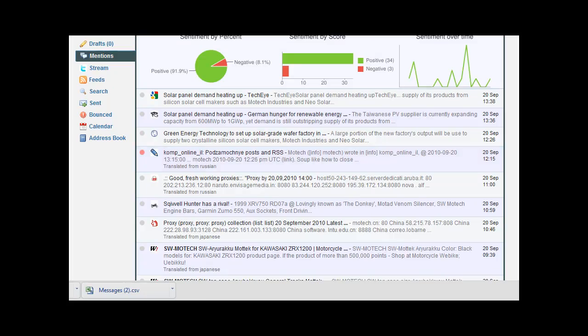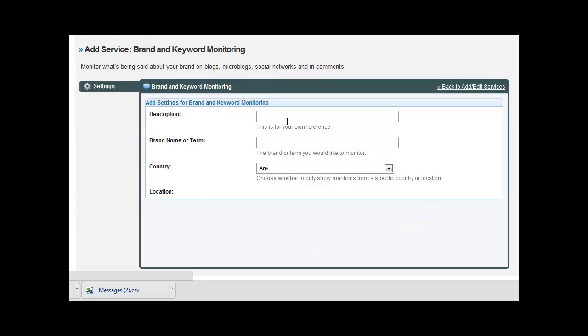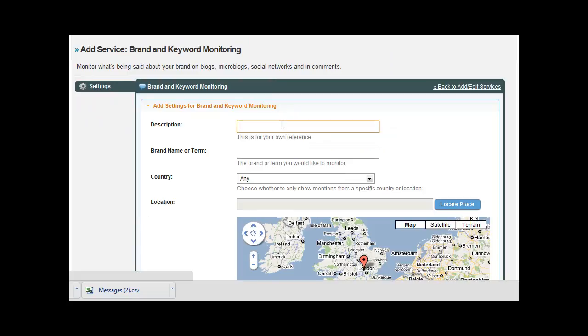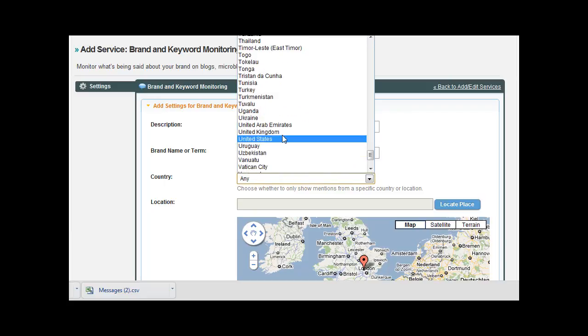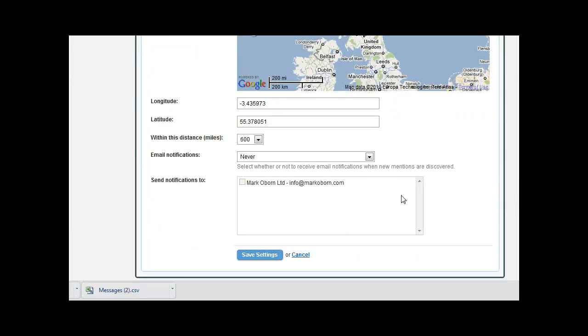So it's a very, very useful tool, and it's very simple to add another brand. You just click on Add Brand, type in the name that you want to monitor. So it could be Invisalign. You can choose the country that you're going to monitor it in. So let's say we go for the United Kingdom only, and you can have an email notification whenever it finds anything, but I don't do that.